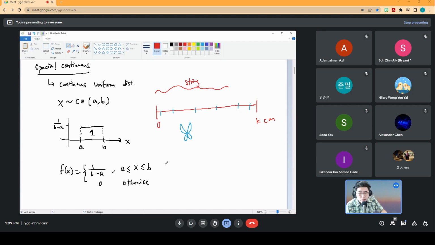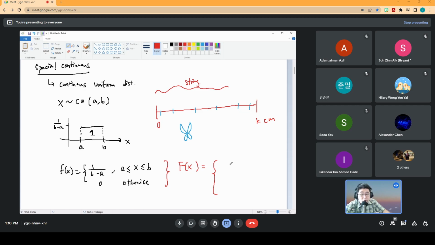Can you do a quick calculation and tell me what the capital F should look like? Very, very easy. Is it just 1 over b minus a times x?